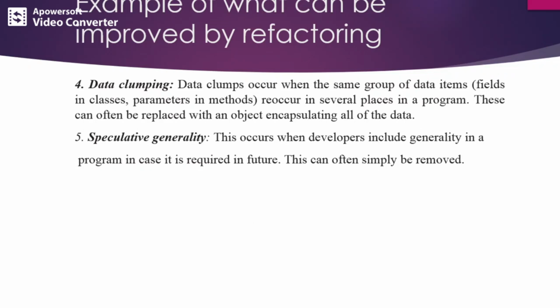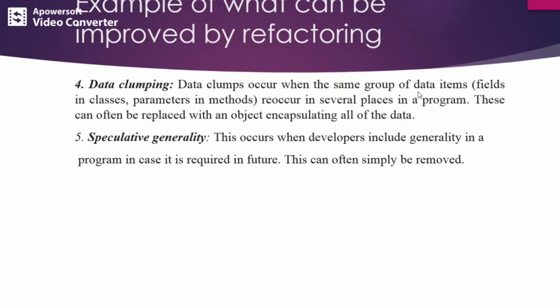One more is data clumping. What do you mean by data clumping? See, data clumps occur when the same group of data items. Data item here means fields or parameters. We are not talking about a function or method here.